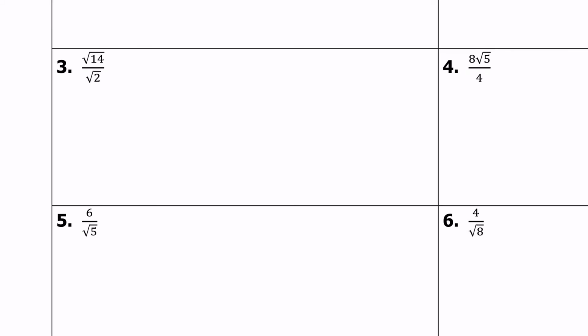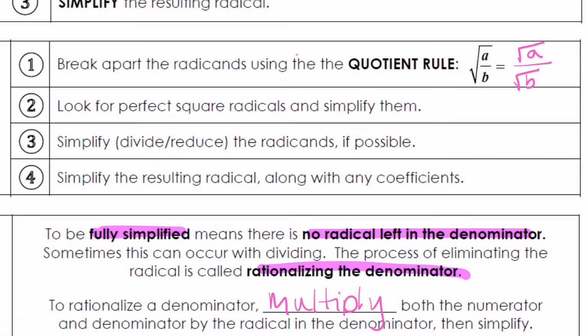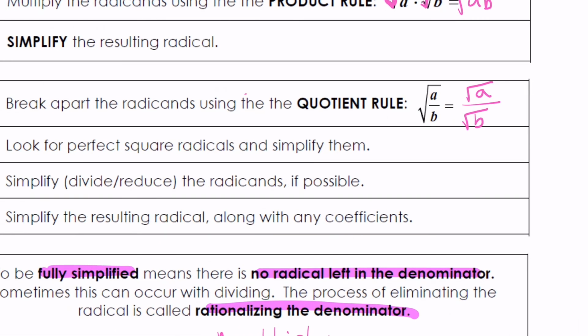So looking at number 3, I'm obviously dividing here. And up here, our quotient rule says that if I have the square root of a divided by b, then I can split it into two pieces, the square root of a divided by the square root of b.